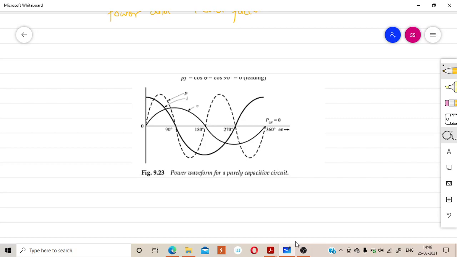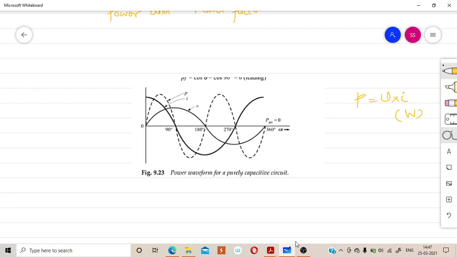That means we have the instantaneous power formula, small p, equal to the instantaneous value of voltage multiplied by the instantaneous value of current. Okay, and its unit will be watt.